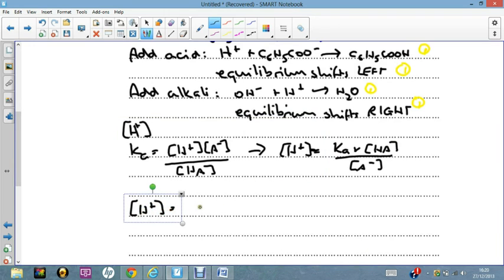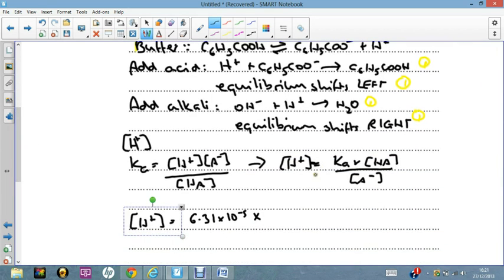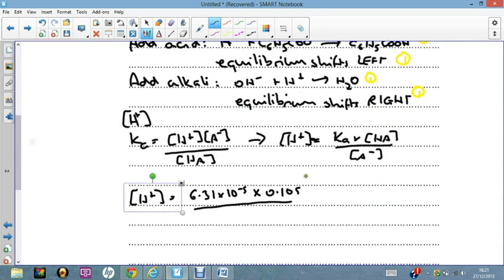So Ka comes from a previous part of this question. Concentration of the acid is up at the top of this question, it's there. Concentration of the salt is also given at the top, that's here. Work that out and I get this. The final step.